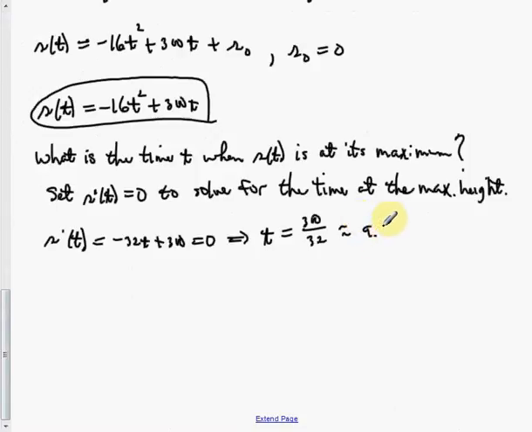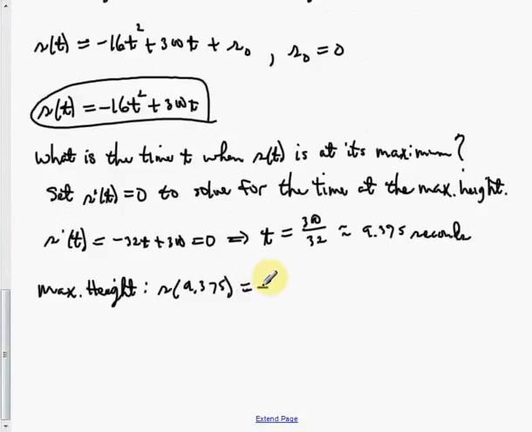9.375 seconds. So the maximum height is s of 9.375, which is equal to negative 16 times 9.375 squared plus 300 times 9.375.